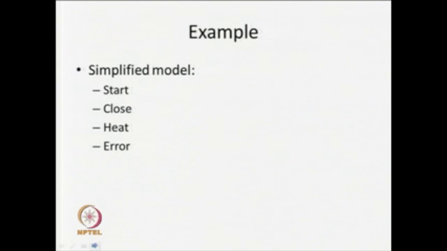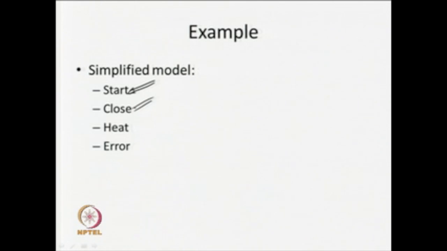By looking into all those issues, we can come up with a very simplified initial model, a simplified abstraction, and we find that some signals are required to model this controller. The first one is start. It says that the oven has been started and is now cooking our food item.